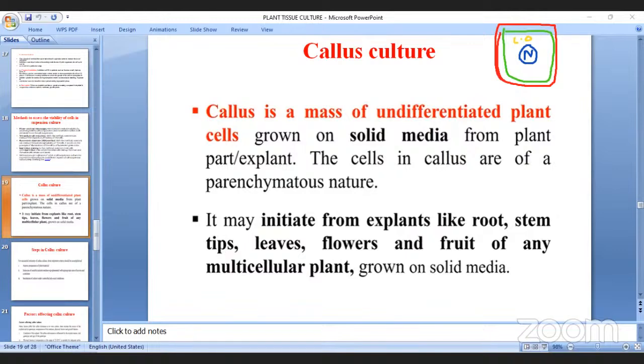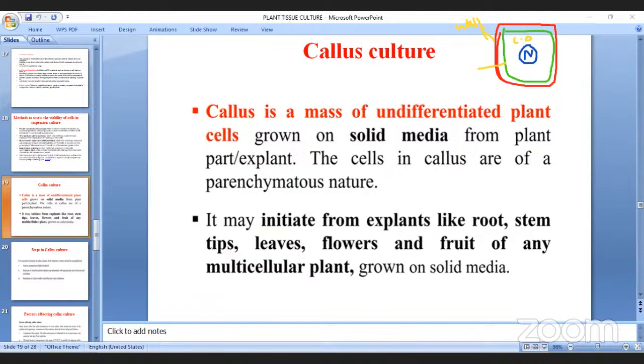If you separate, this is the cell wall. The red color part is the cell wall. Except the cell wall, the next layer is the plasma membrane, the green color one.